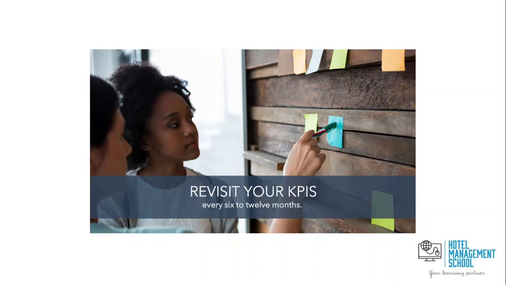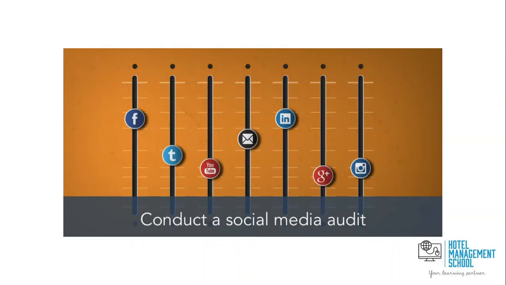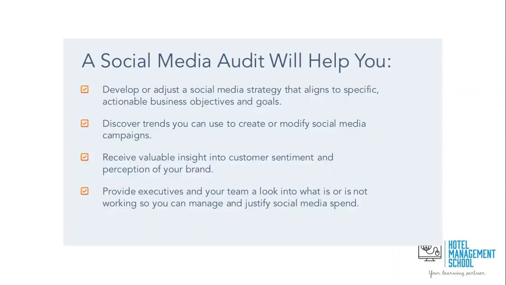Revisit your KPIs every 6 to 12 months so that you are always updated on the latest trends in the market, and always conduct a social media audit. Why do we need to do a social media audit? Because it really helps you to develop or adjust a social media strategy that aligns to specific actionable business objectives and goals, as we discussed.